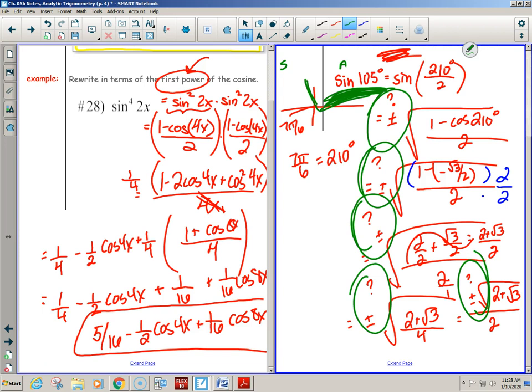S, so all students, that means I need to, for this guy, choose the positive. 105, the sign has to be positive. But if it was something crazy like, something I know in the third quadrant, when I double it.